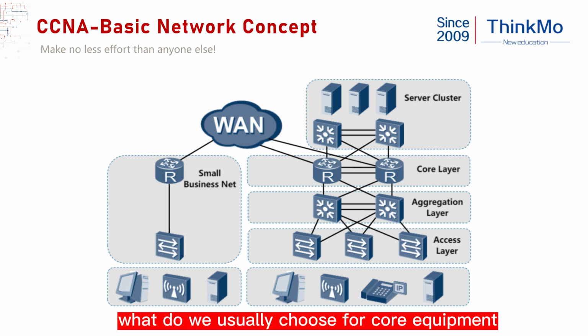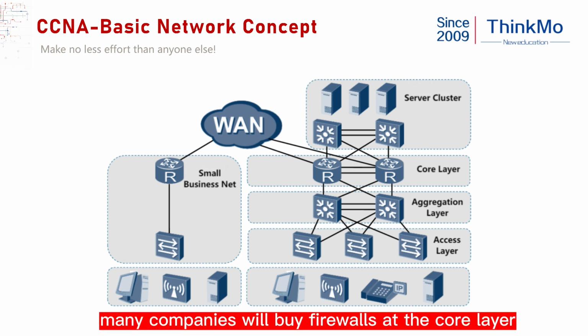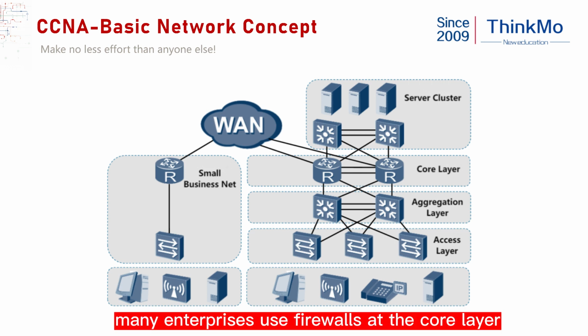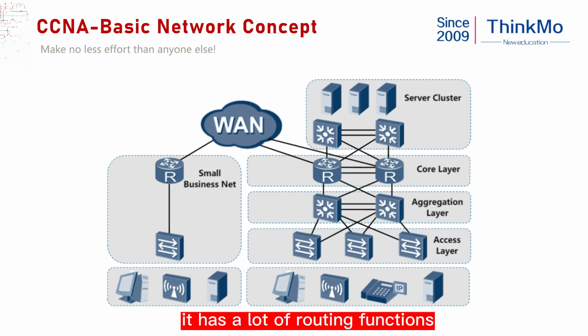What do we usually choose for core equipment? To be honest, many companies will buy firewalls at the core layer. Here we draw the router, but everyone should know that many enterprises use firewalls at the core layer. Why? Because the firewall itself has a lot of routing functions.